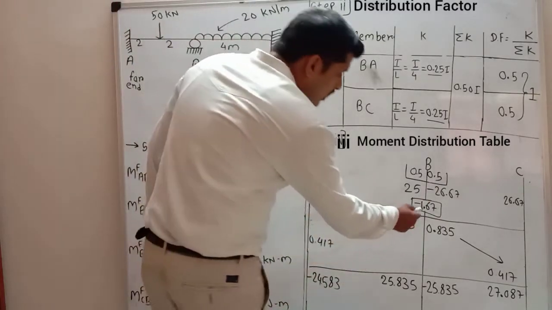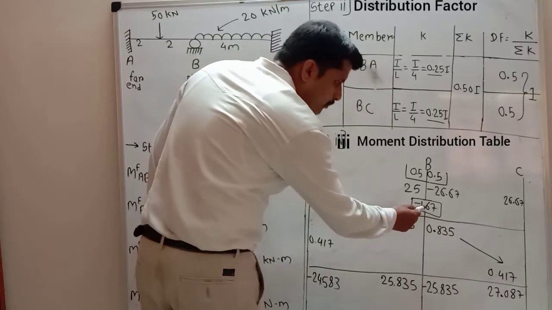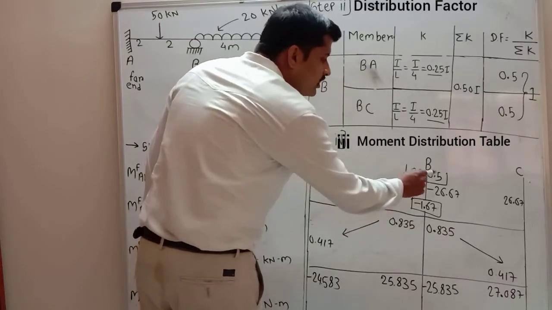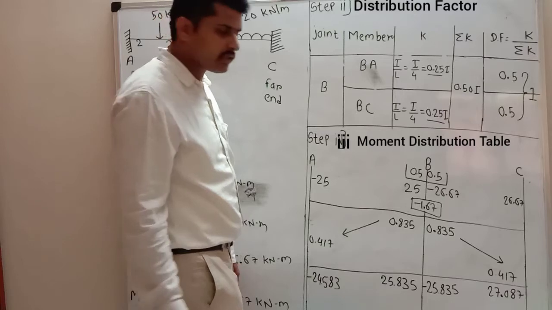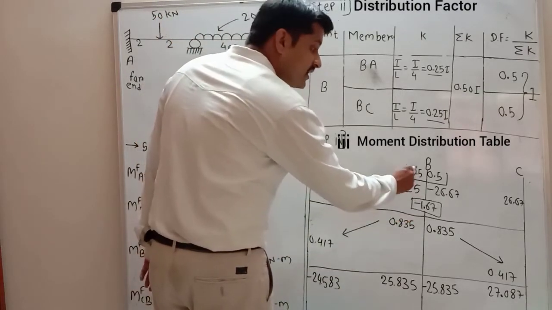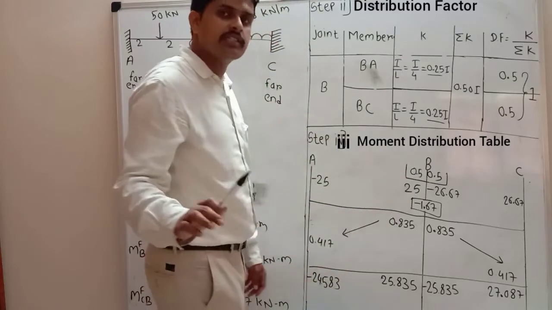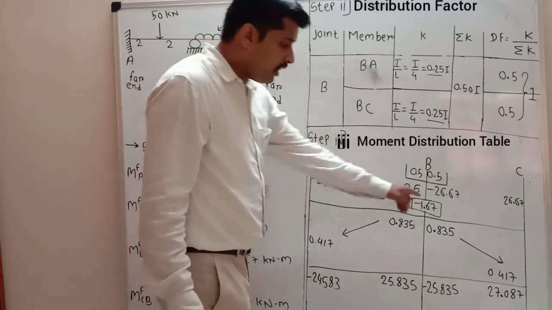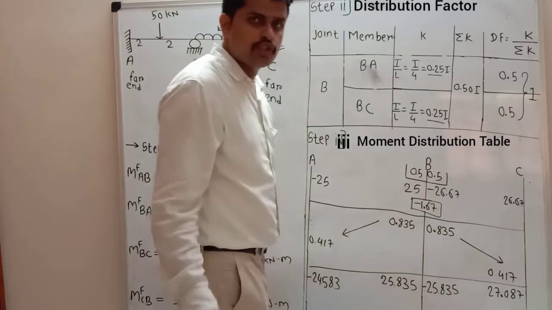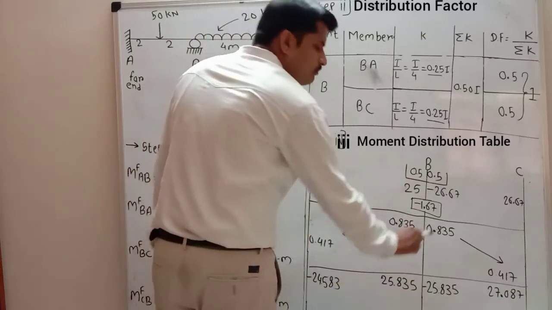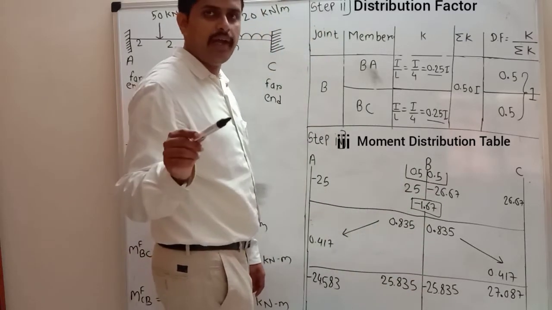Next, multiply minus 1.67 with these two distribution factors. So minus 1.67 into 0.5, we will get minus 0.835. Again minus 1.67 into 0.5, we will get minus 0.835.